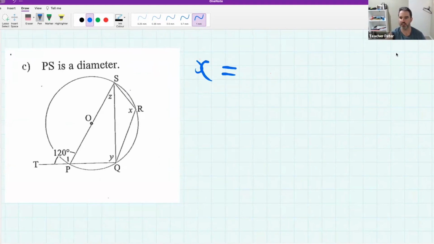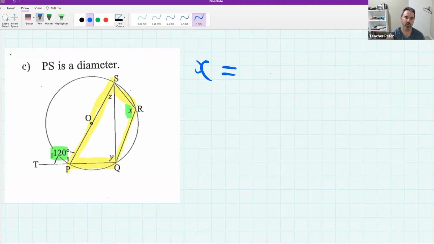Thank you for everyone that voted or let me know in the chat. It helped me understand where everyone was at. So, what is the relationship? Is this even a cyclic quad? Even though it looks like a squeezed cyclic quad, the vertices S, P, Q, R are all on the circumference, which makes me think this 120 has a friend over here.